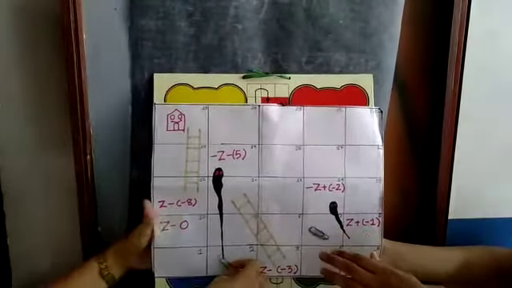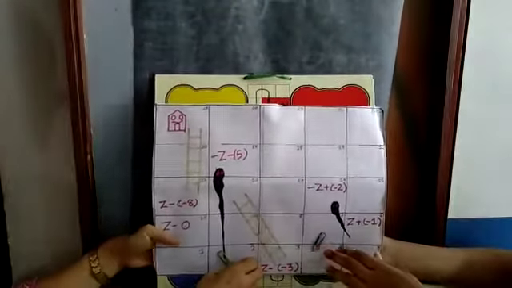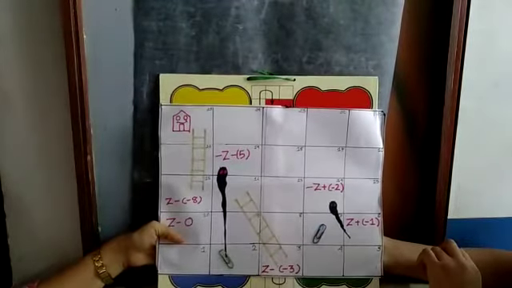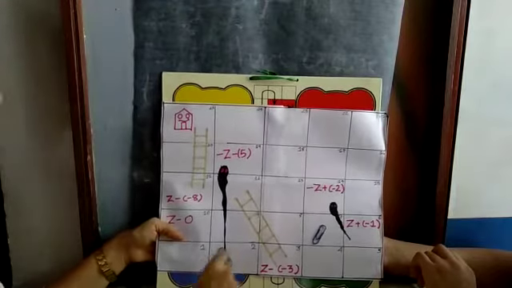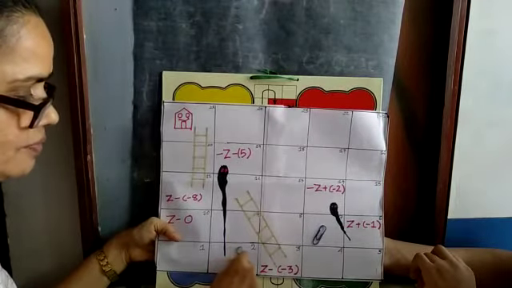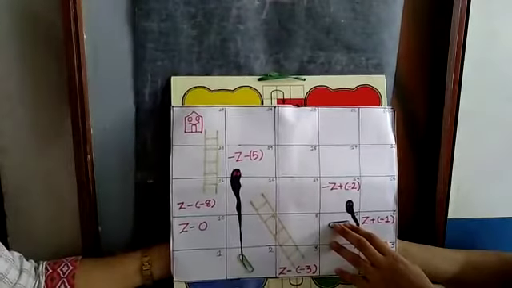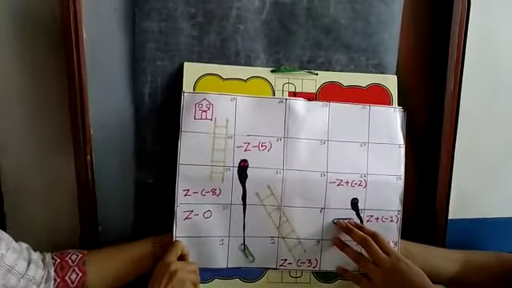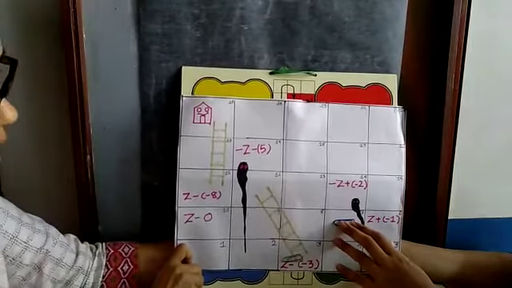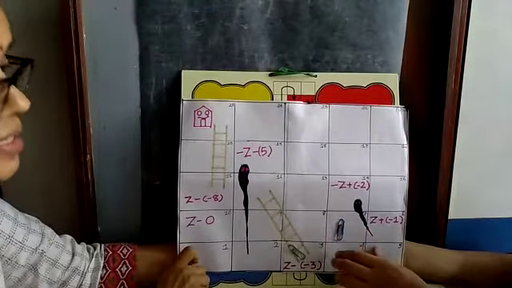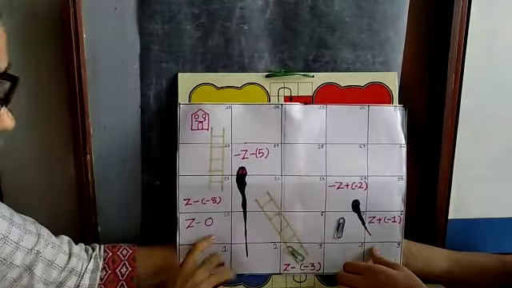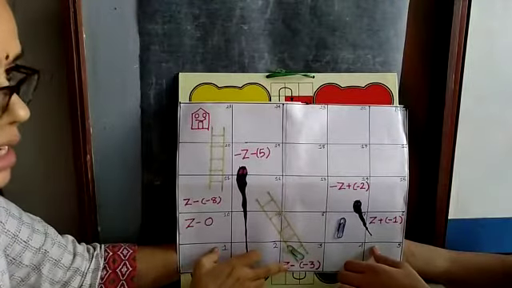Now mine was on 2. Right? Now it's my turn. 1. Now see 1. I'll move it to 1. Now what is the value of Z? 1. So Z is 1.